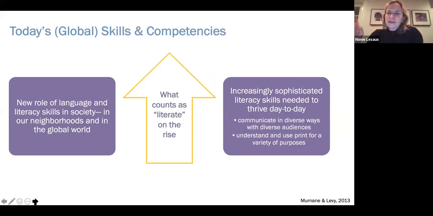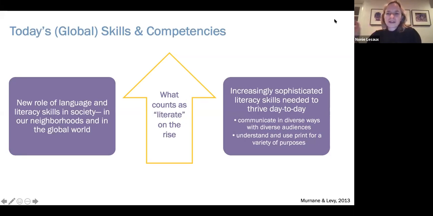So what do I mean when I say there's a new set of skills? Well, at core, the major difference from even 20 years ago is that what counts as quote unquote literate is on the rise. That we need increasingly sophisticated literacy, communication skills to thrive day to day.